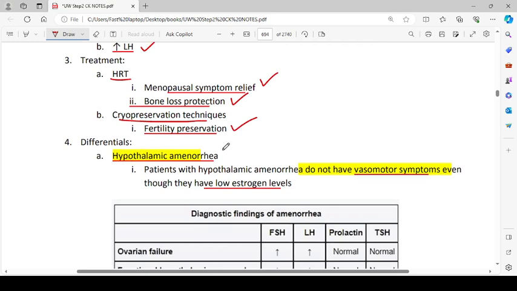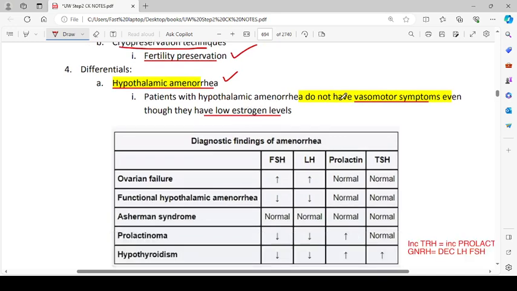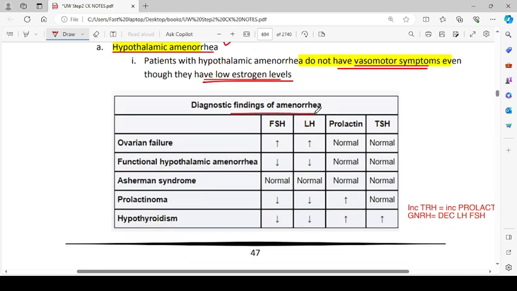Differentials include hypothalamic amenorrhea. Patients with hypothalamic amenorrhea do not have vasomotor symptoms even though they have low estrogen levels. Diagnostic findings of amenorrhea: in ovarian failure, FSH is high, LH is high, prolactin and TSH are normal. Functional hypothalamic amenorrhea, FSH and LH are low, prolactin and TSH are normal.